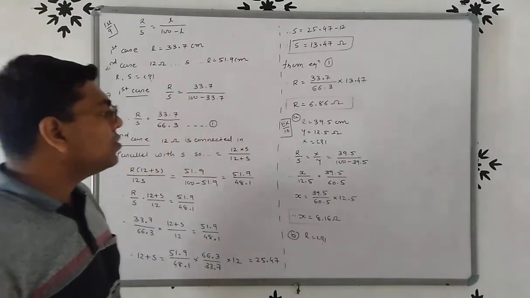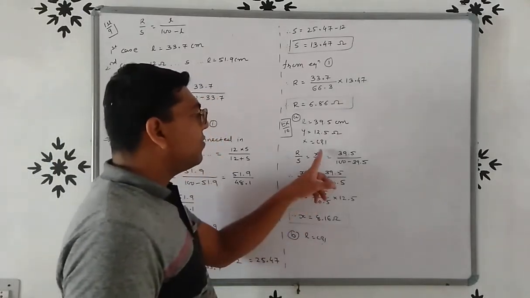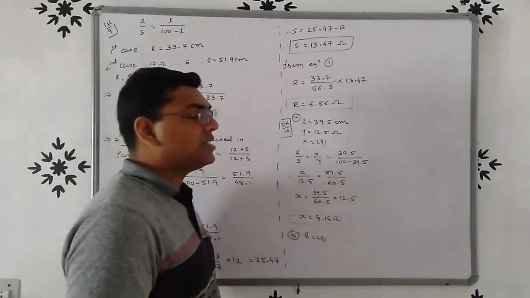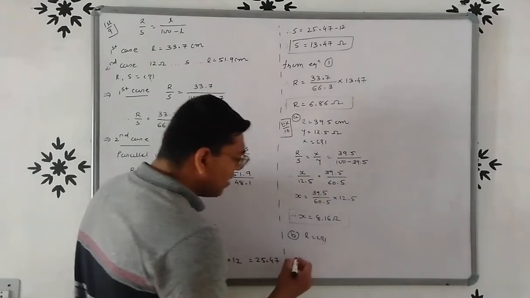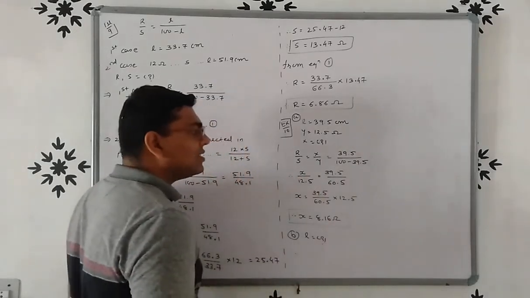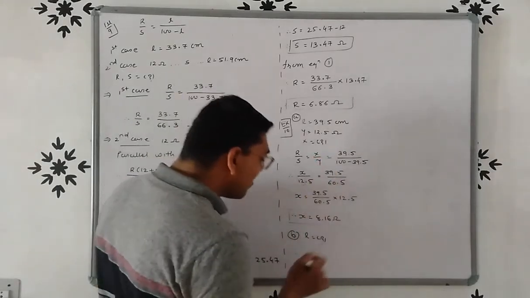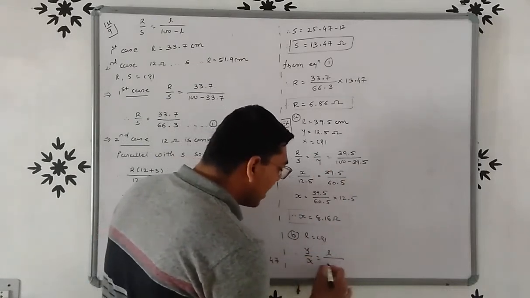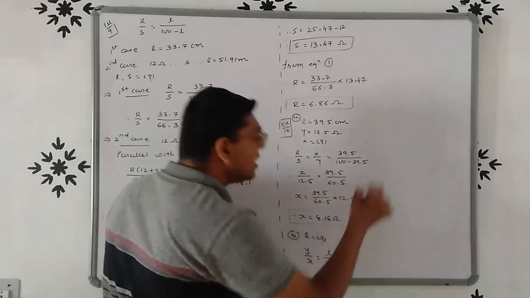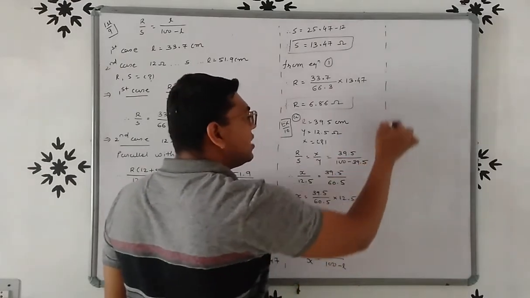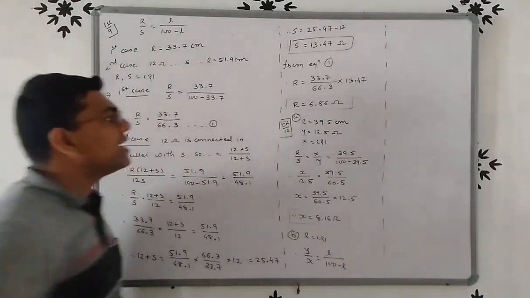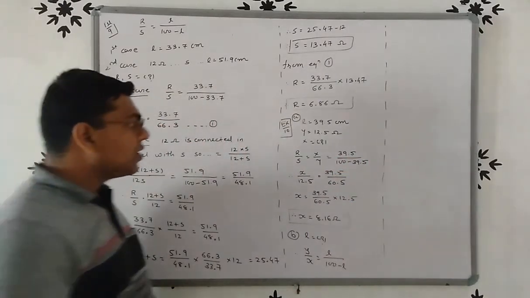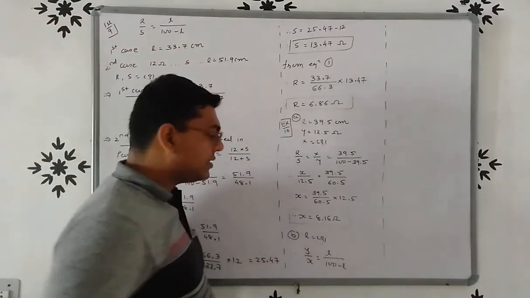So we have to write Y instead of X, and X instead of Y. So instead of X by Y we write Y by X is equal to L upon 100 minus L, right? Because in the second case X and Y are interchanged, so we write Y by X.